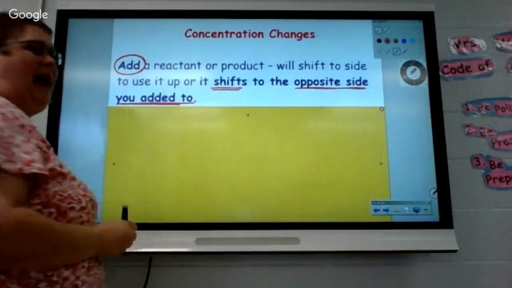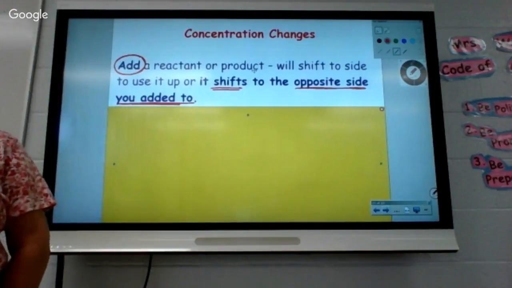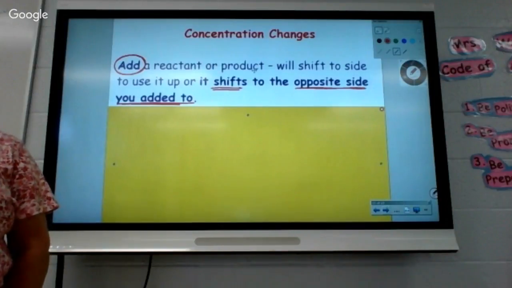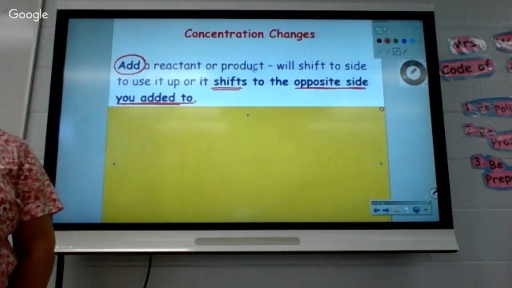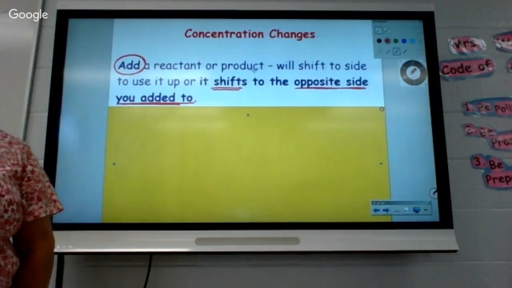So if you add it to the reactant, what's the opposite side of the reactant? The product. If you add a product, it has to shift to the opposite side. So what's the opposite of the product? The reactants. But you have to know that rule.